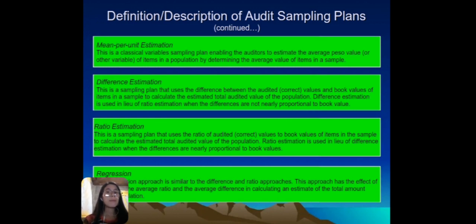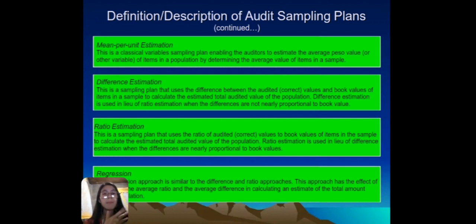Now let's proceed to the mean per unit estimation. This is a classical variable sampling plan that enables the auditors to estimate the average peso value or other variables of the items in the population, by determining the average value of items in a sample. The next one is the difference estimation.